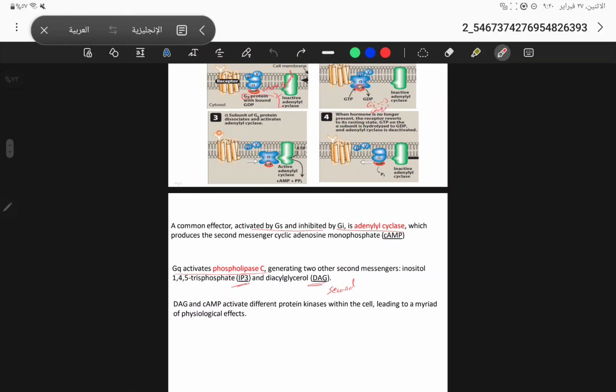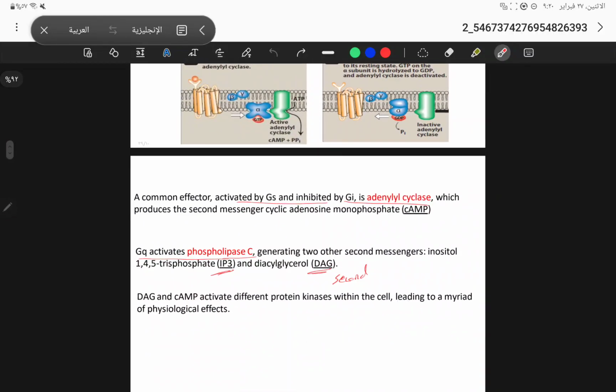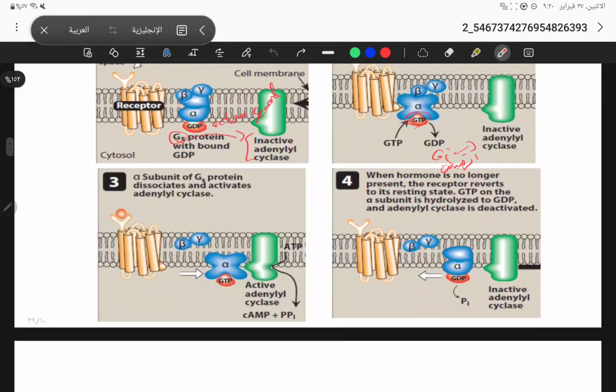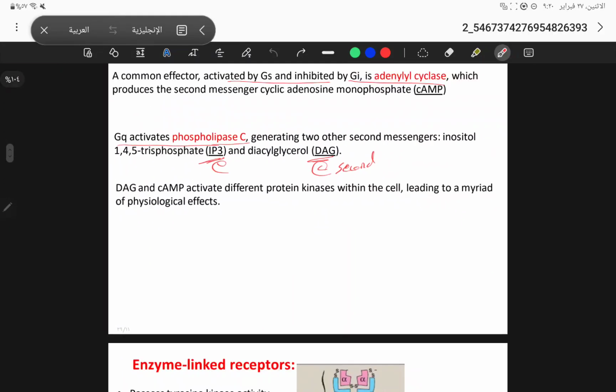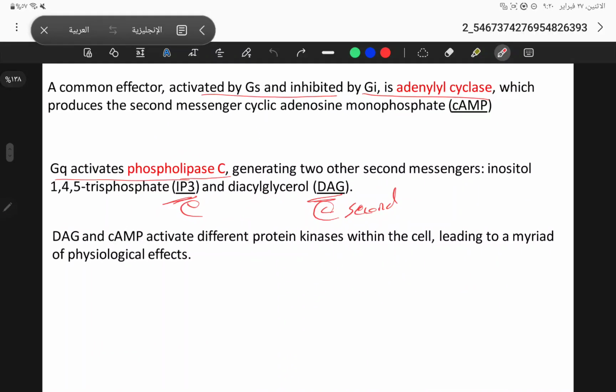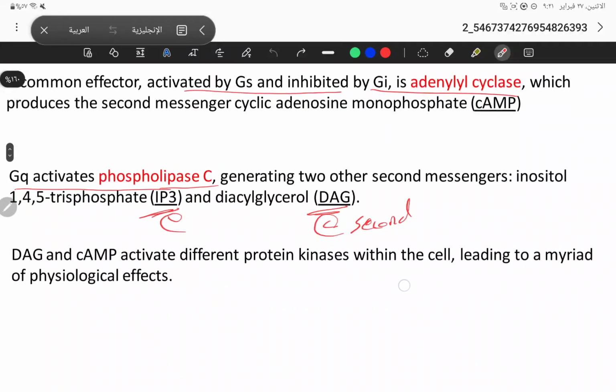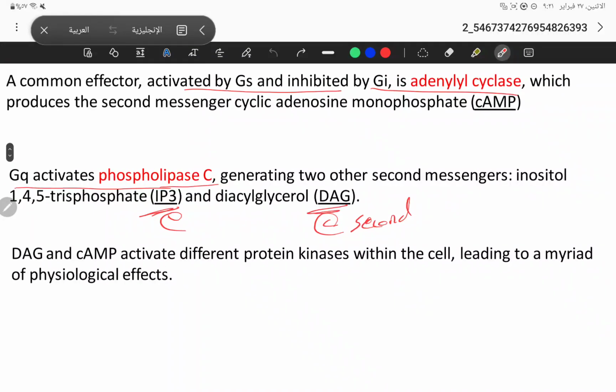DAG and cyclic AMP activate different protein kinases. شنو kinases بالبايوكيمستري؟ شو يسوي كاينيز؟ Esterase, for example, removes the ester group. Methylase, removal of the deaminase. شنو كاينيز؟ I know they are all reactions, but what is the action of kinases?